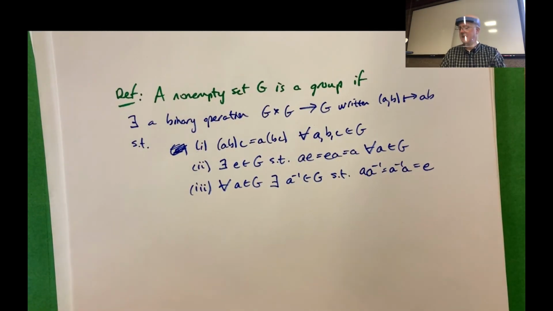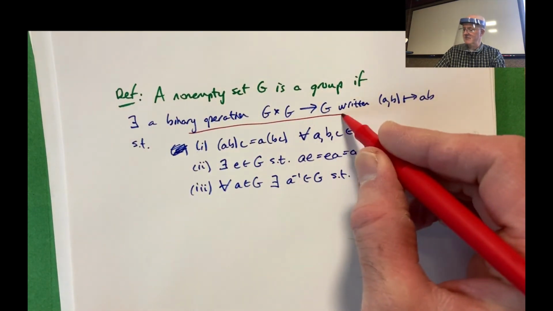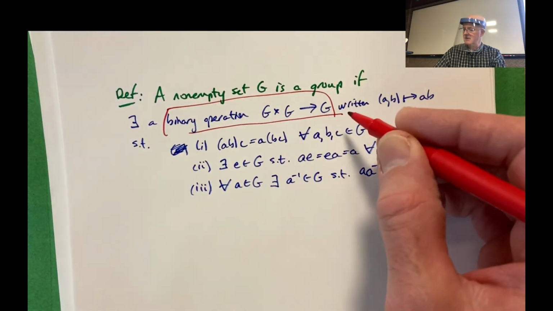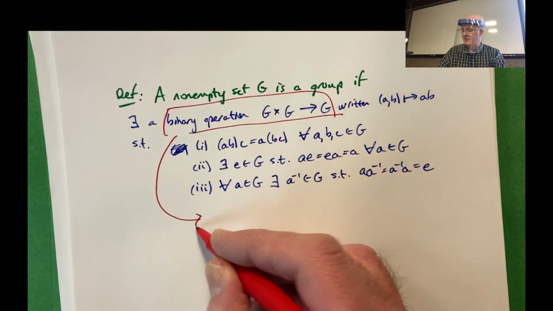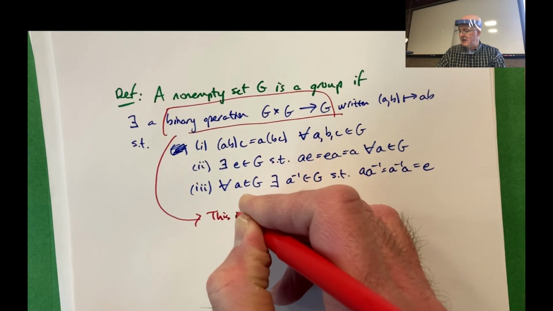As I emphasize a lot in the lectures, binary operation implies closure. According to our author, not everybody does that, but this implies closure.